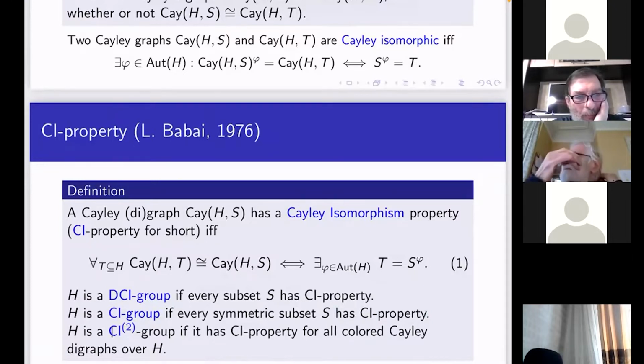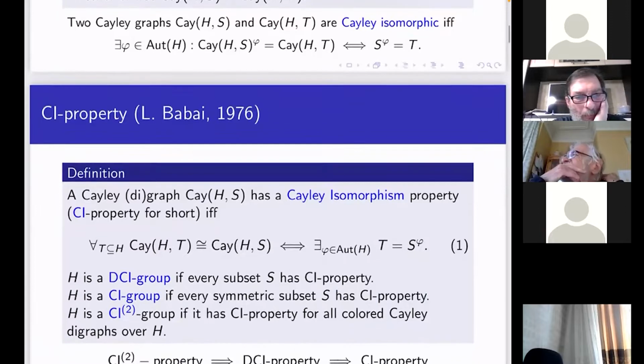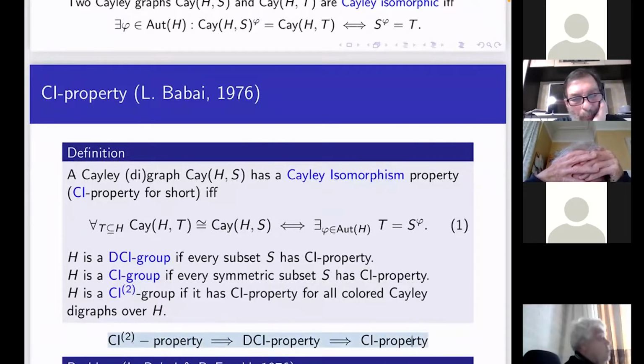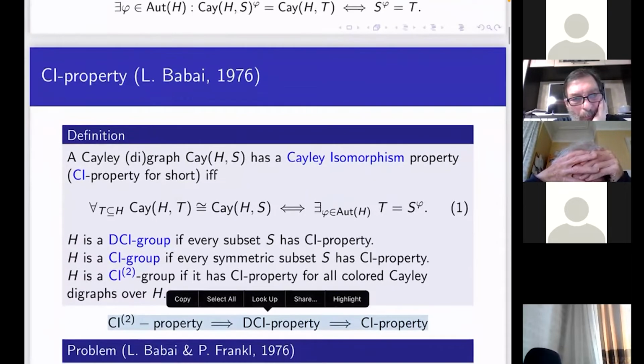I'm not going to define this explicitly, but clearly the CI2 property is the strongest one, and we have this implication here, right? But the converse implication does not hold in general.